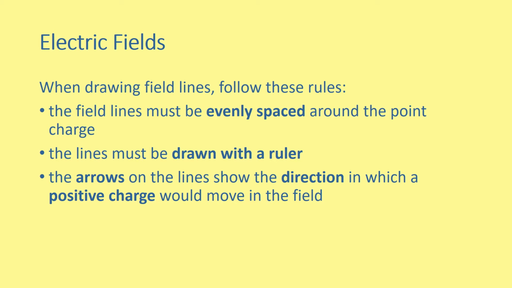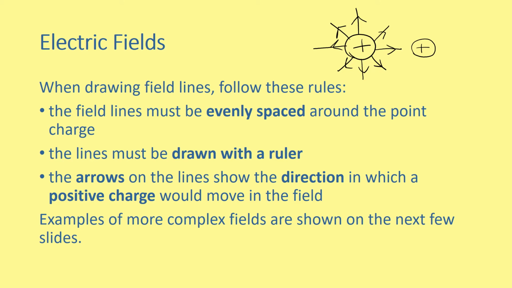That's because positive charge has field lines going out the way, and the arrows represent the direction a positive charge would act when interacting. Positives repel each other, so the positive charge would move away.